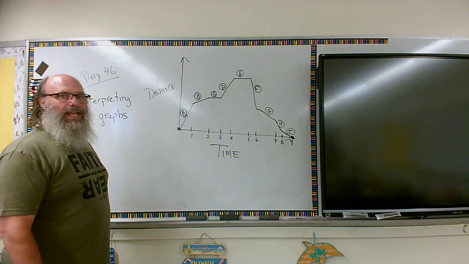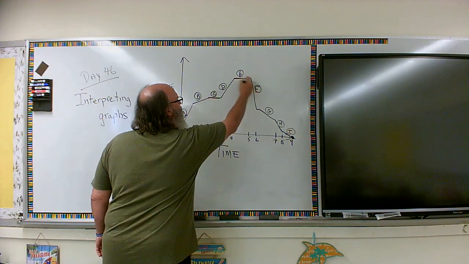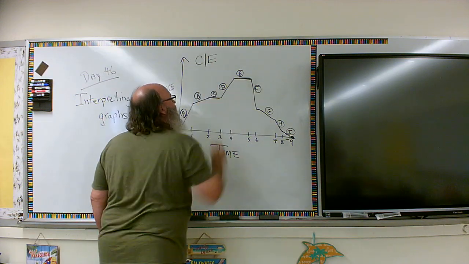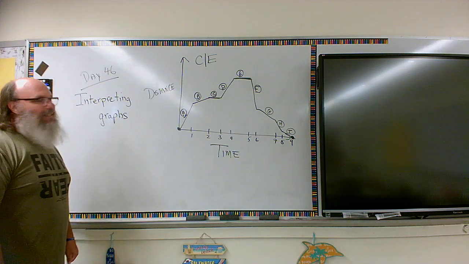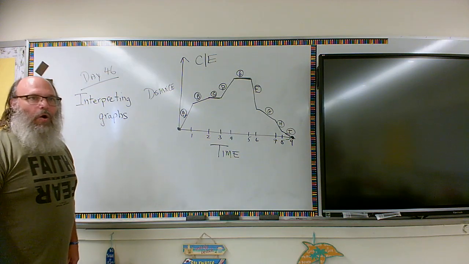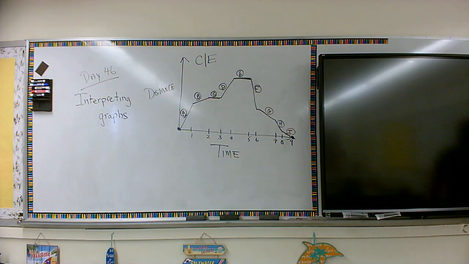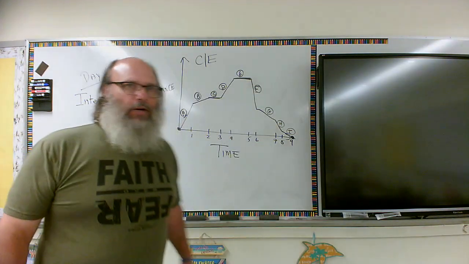The next thing that should catch your eye are these two things right here, C and E. C and E are times where time was passing, but they weren't traveling anywhere.